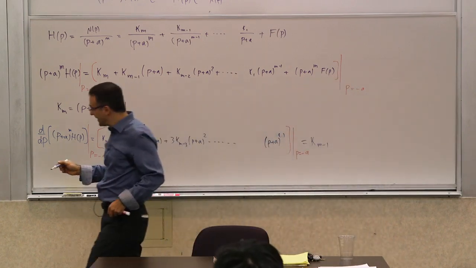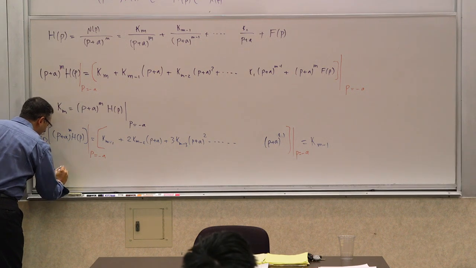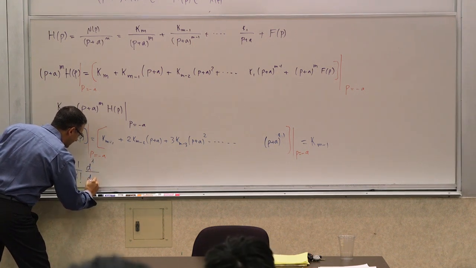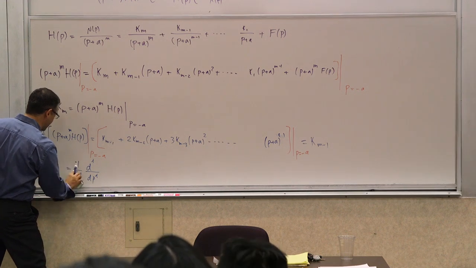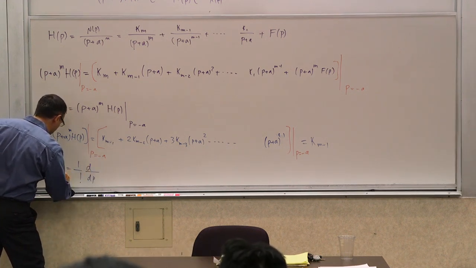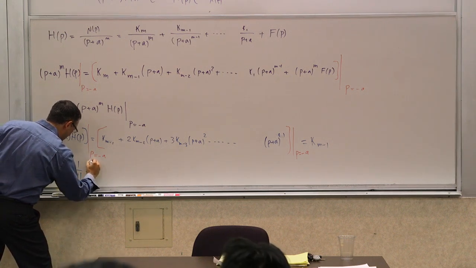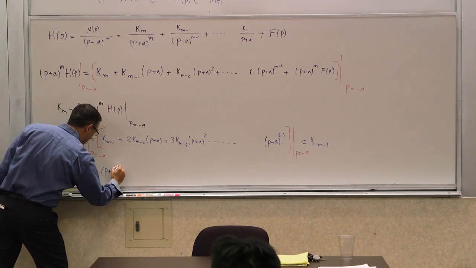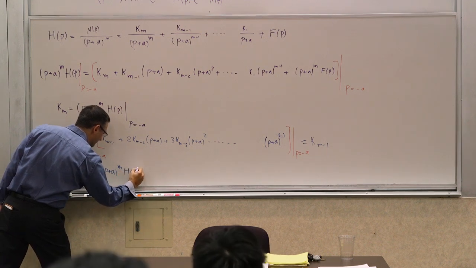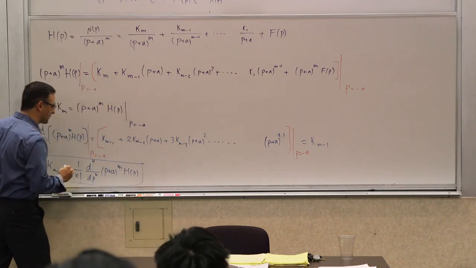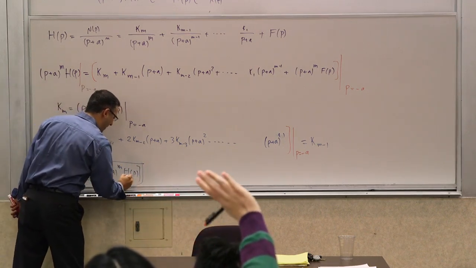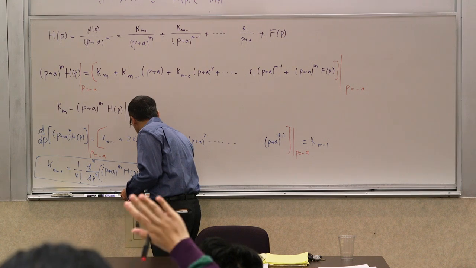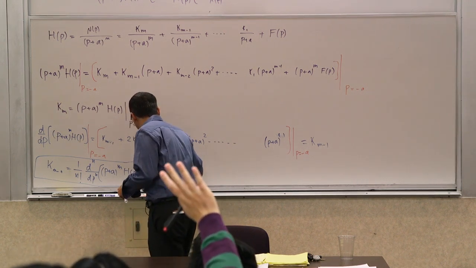And in general, km minus n is 1 over n factorial, d to the n over dp to the n, let's write it as n, since i is too loaded in our course, of p plus a to the m times h of p, evaluated for p equals negative a. That's what it is.